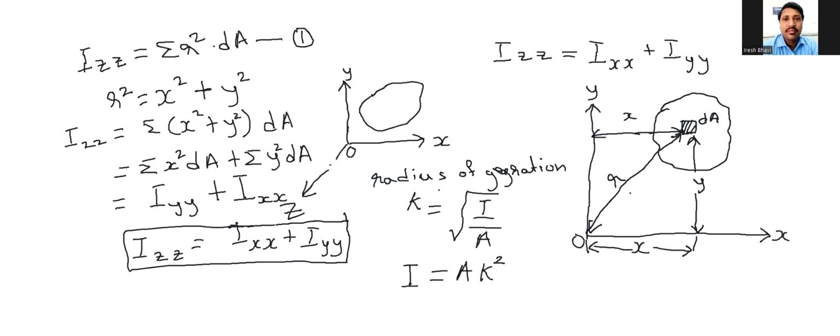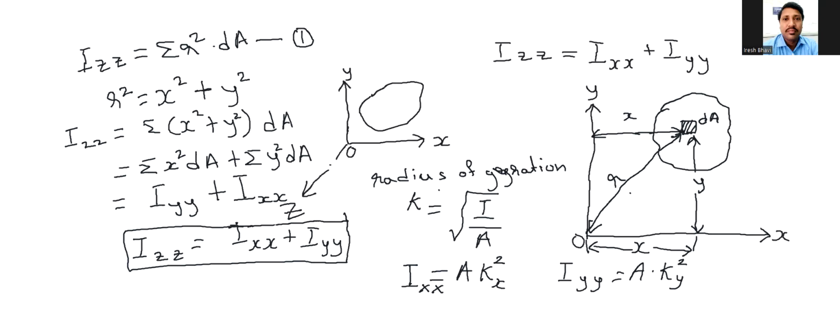Hence, the moment of inertia about the x and y axes can be written as Ixx is equal to A into kx square, and similarly Iyy is equal to A into ky square, where kx and ky are the radius of gyration about the x-axis and the y-axis.